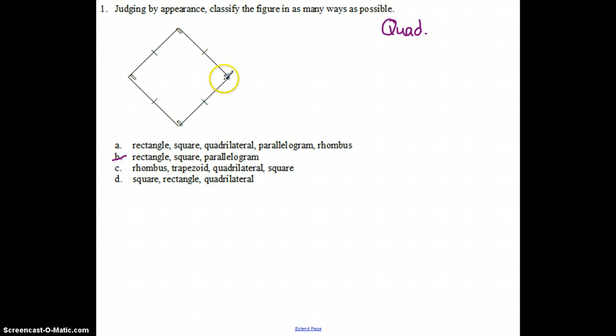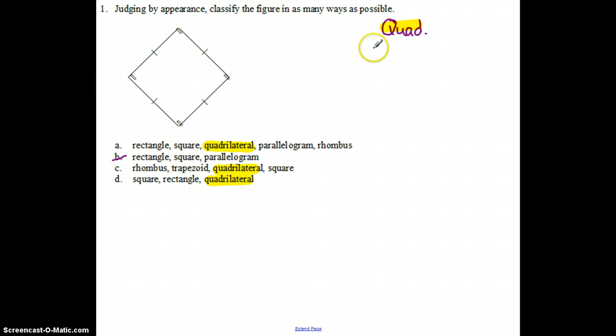Also in this problem, I can tell that the four corners are marked as 90-degree angles. That means that rectangle or square could be part of this conversation. Definitely a square, because I can see all the sides are equal. So I'm going through and looking for what's true. So quadrilateral has to be in there. So far those are true in that one.